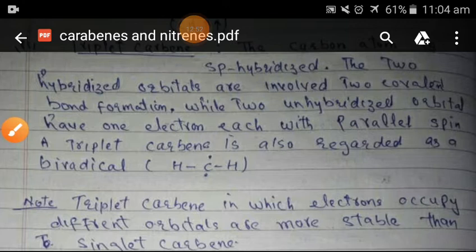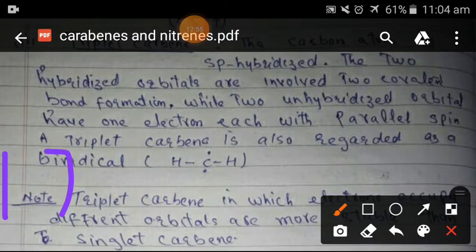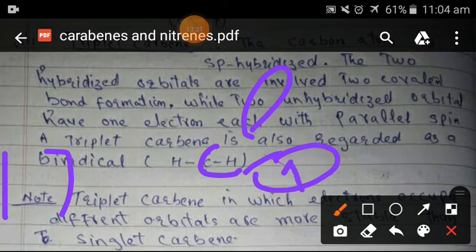One important thing you must note is that the triplet carbene is more stable than the singlet carbene. Although it seems that the singlet carbene should be more stable, in actual practice the triplet carbene is more stable, because in triplet carbene the electrons are present in two different orbitals, while in singlet carbene the electrons are present in the same orbital.